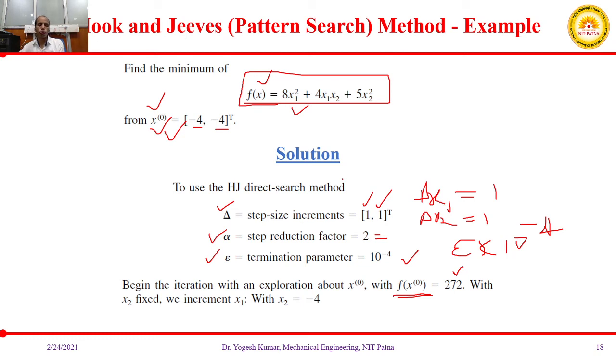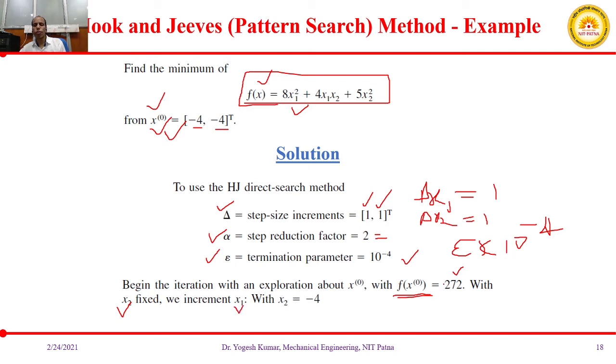So in order to give step increment, we need to fix at least one variable, and we will give increment to the remaining variable. Okay, so let us fix x2 and give increment to x1.